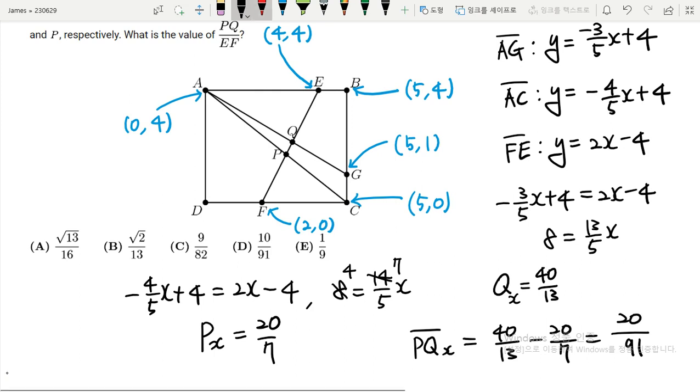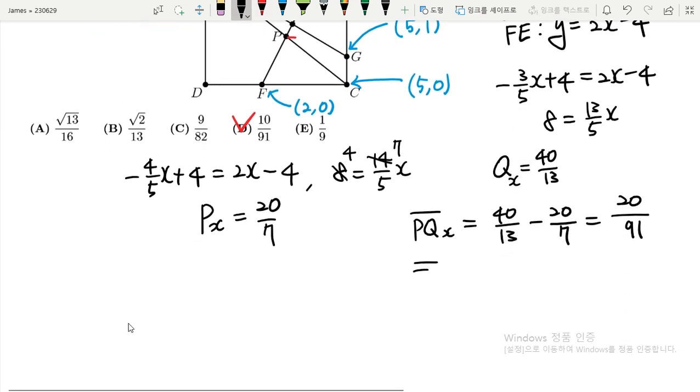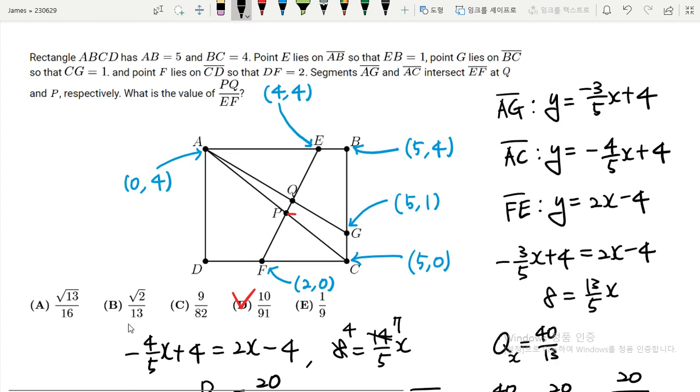Okay. And then EF, the x coordinate is 2. So if we divide this by 2, the answer is D. Because the EF x coordinate is 2, the ratio is 10 over 91.